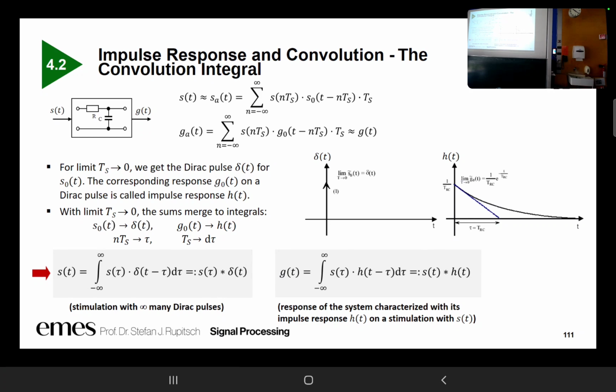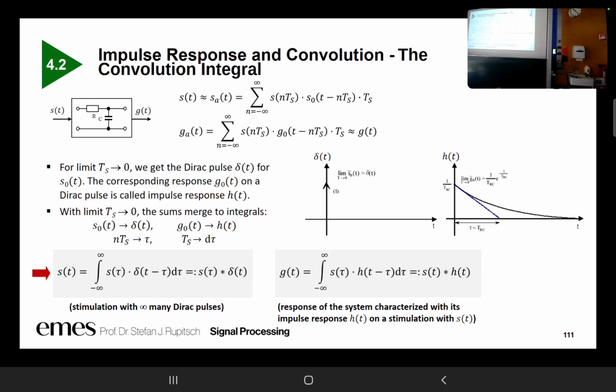But before, let us take a look again at this convolution integral. You agree with me that this is the output of the system for our input S. This is then the approximated output, and if we reduce the duration of our rectangular pulses, then we will converge to the real output.